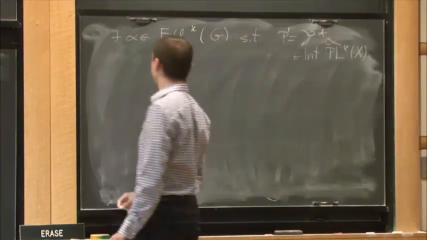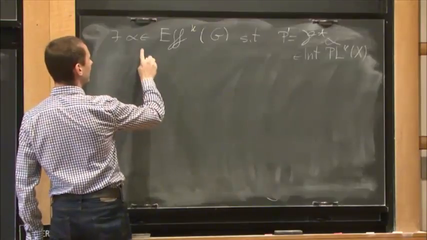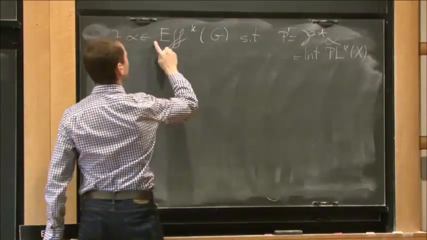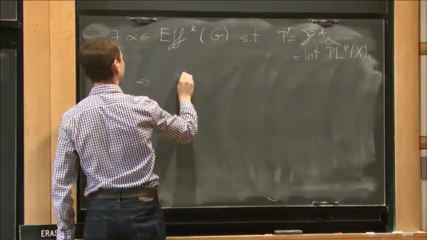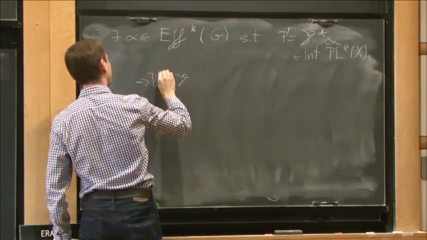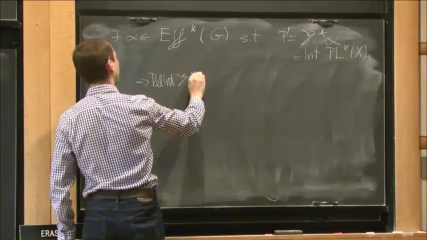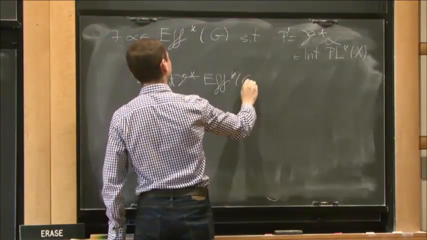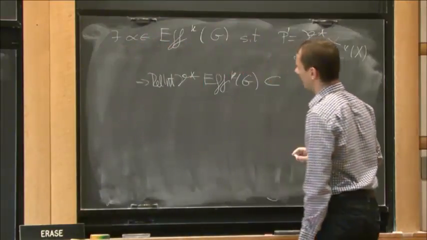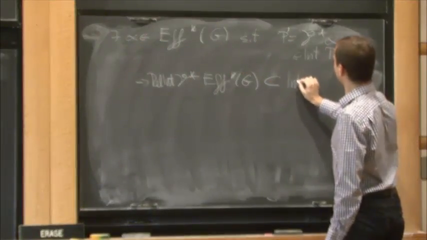OK. This implies actually that if I look at the pullback through gamma of the entire pseudo-effective cone or effective cone, and I look at the relative interior, it implies that this is contained inside the interior of the Pliant cone.